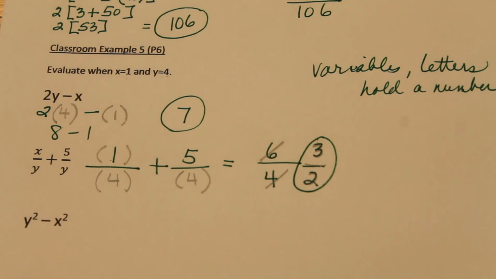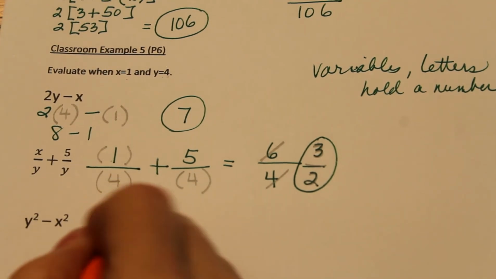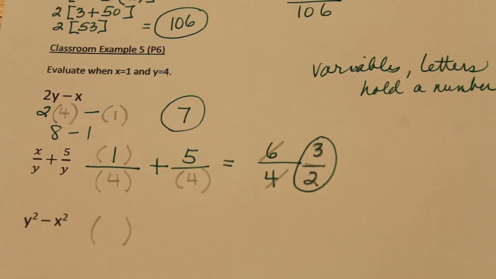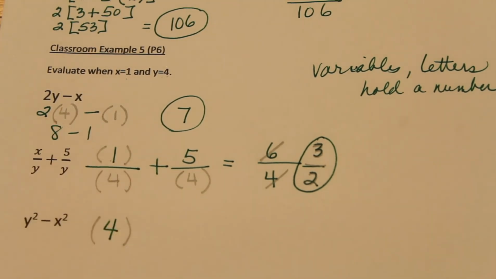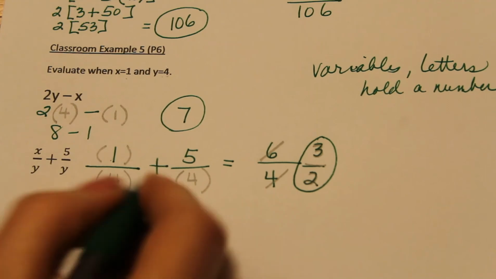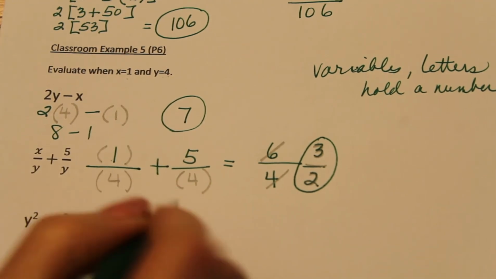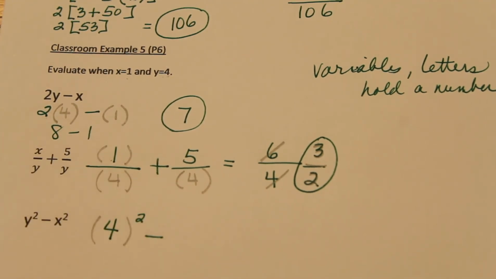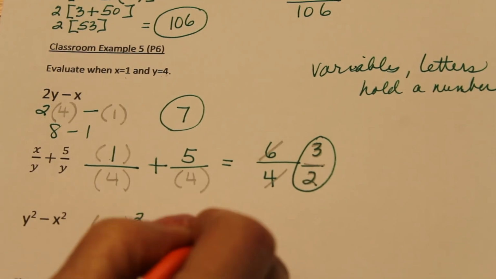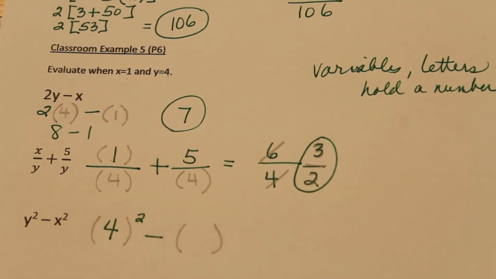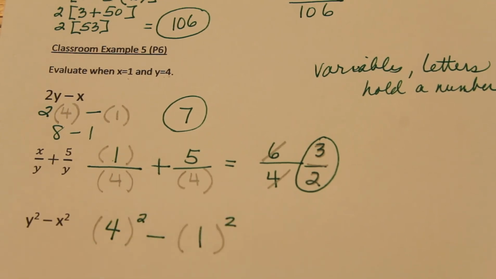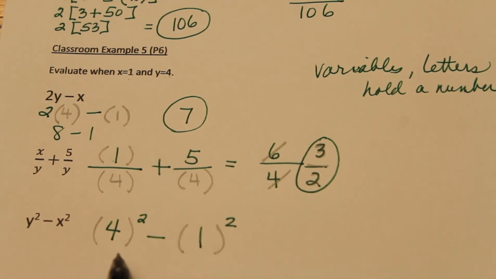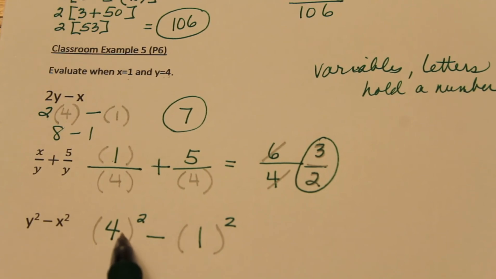And then how about here? I'm not going to put a y. Everywhere I see the y, I'm going to put a 4. So that's 4 squared minus, I'm not going to put the x. Everywhere I see an x, I'm going to put a 1 squared. And for order of operations, we do the exponents first.